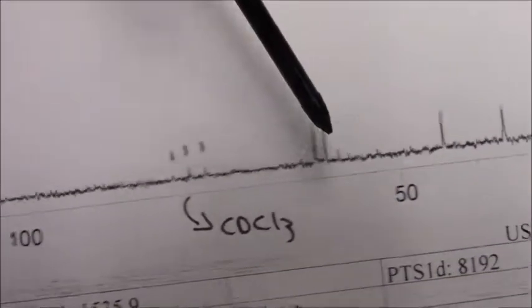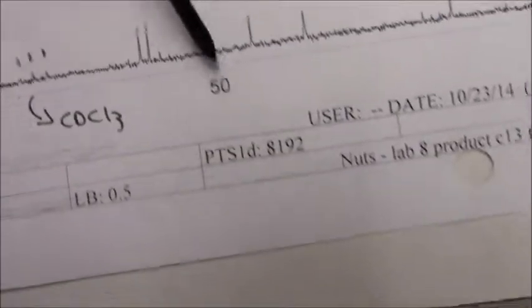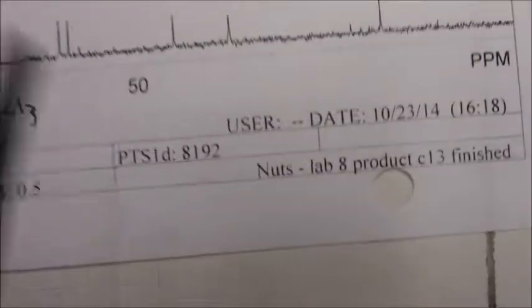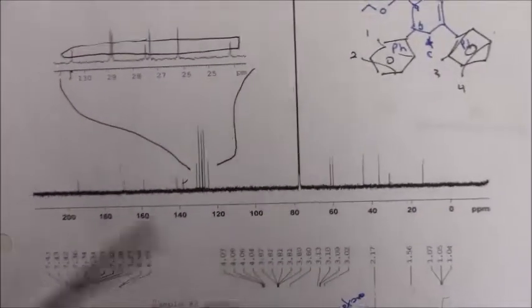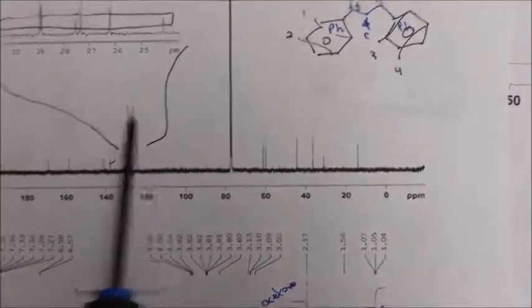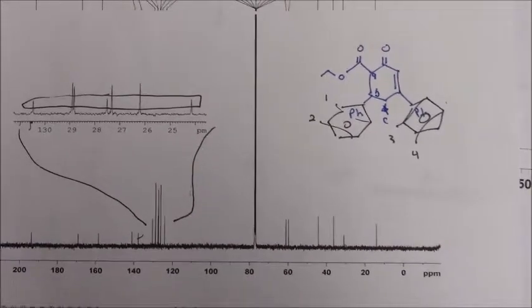Chloroform is at 77. There's 2 peaks here. A couple more. Some of this is ethanol. The point is, all of the peaks can be found, and when you compare it to what was already posted on Blackboard for the carbon 13, you're going to see all of the peaks, and it's already been essentially labeled for you.